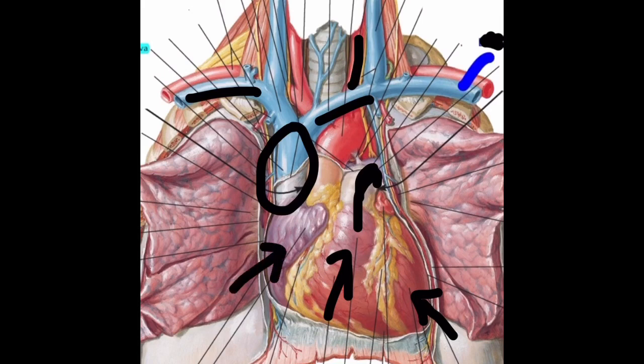Which structure is this? Yes, the atrium, the right atrium. Which artery is this? Very good, the brachiocephalic trunk. Amazing job, guys. Let's move on to the next slide.